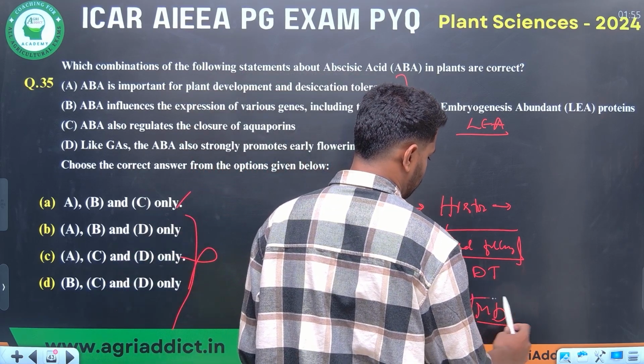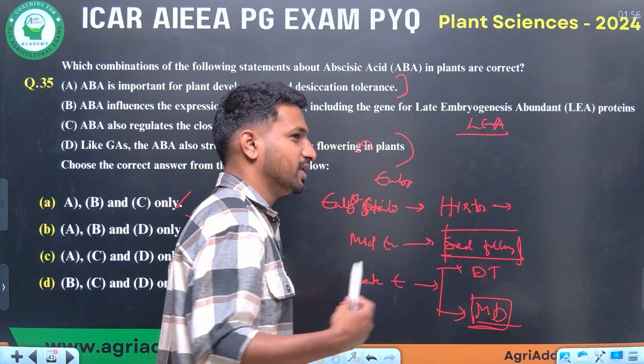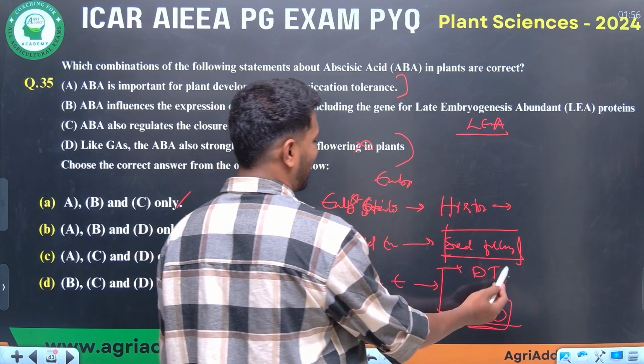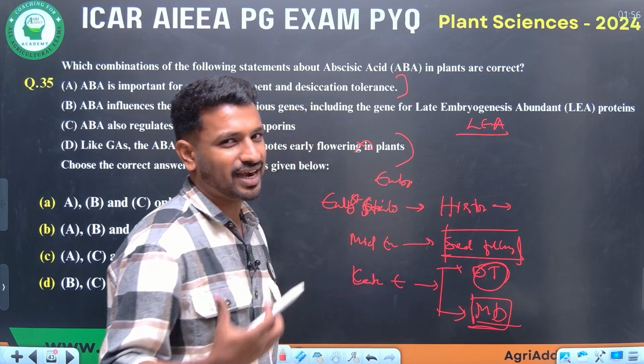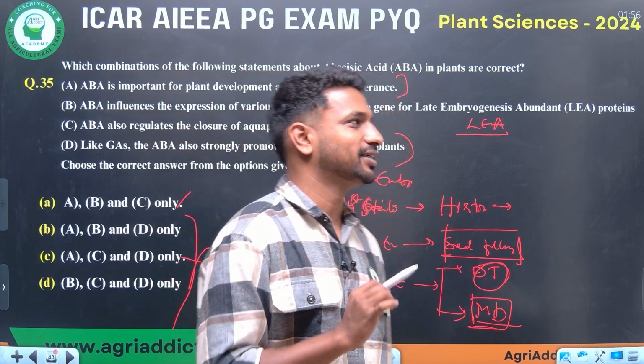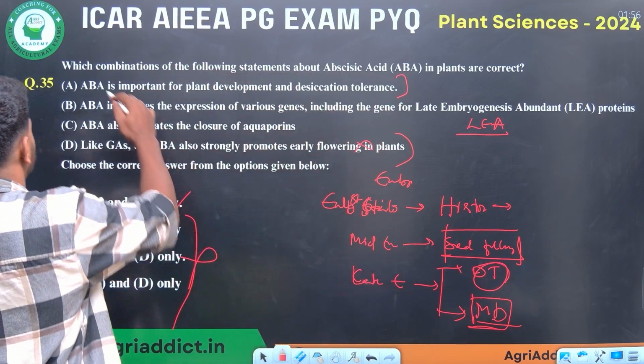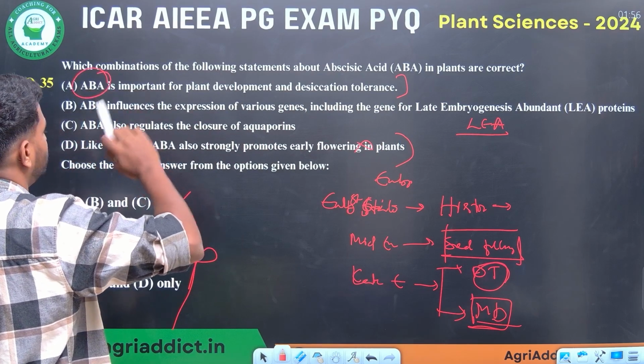But for this to take place, which is maturation drying, the seeds should acquire an ability to withstand the drying, which is called desiccation tolerance. So that is actually regulated by the hormone which is ABA.